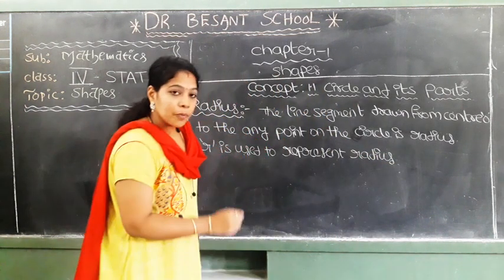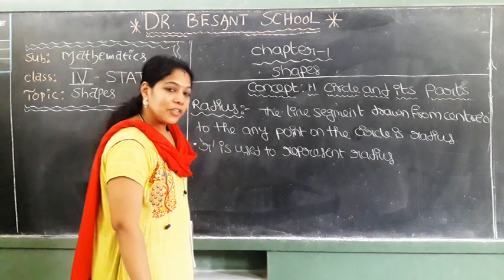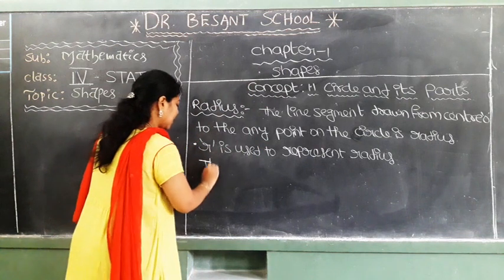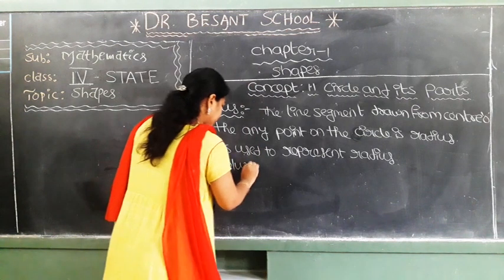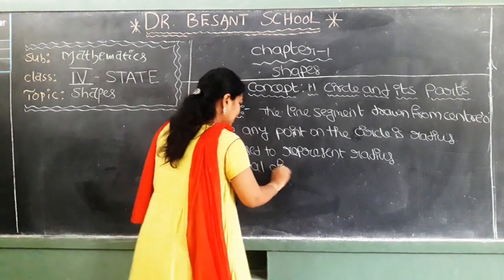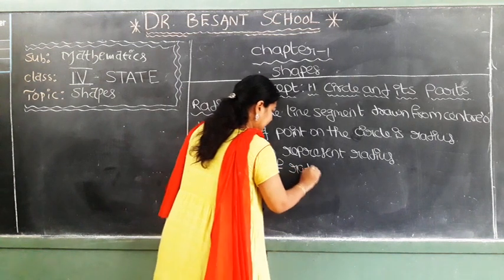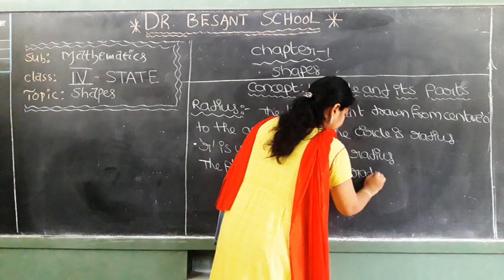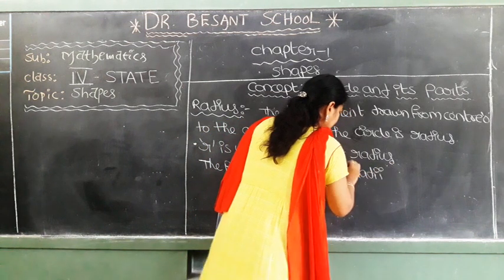What is the plural of radius? Good children. I already said in the previous class. The plural of radius is radii. Okay children?